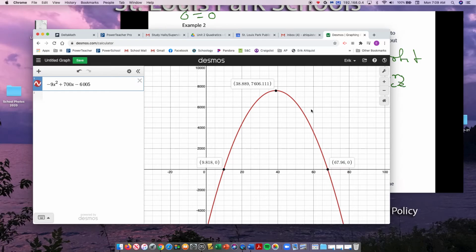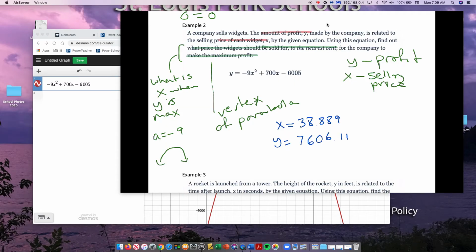So what I found out is that my vertex is when x is equal to 38.889 and y was equal to 7606.11.